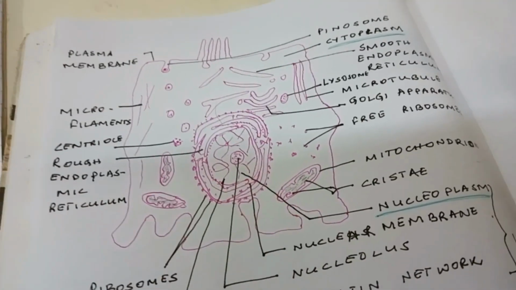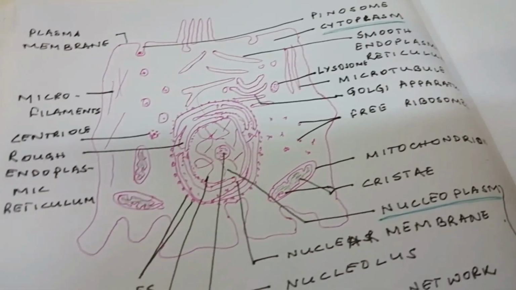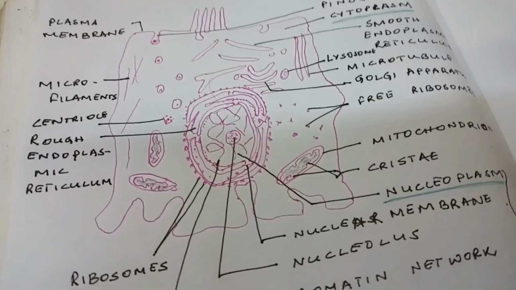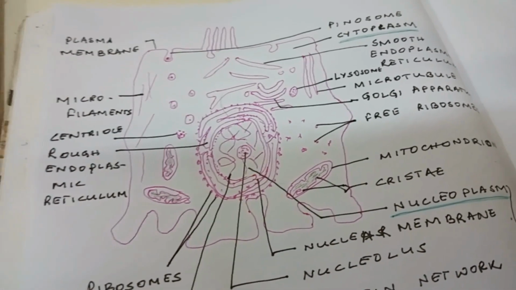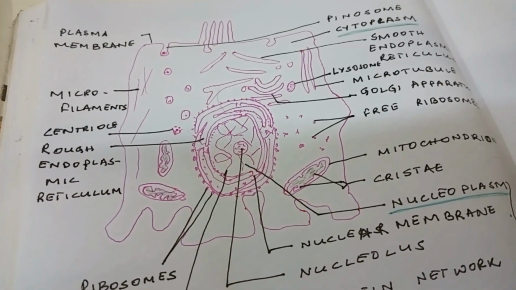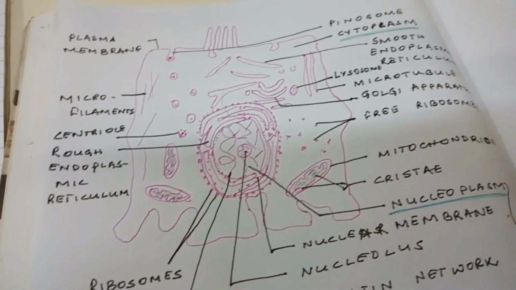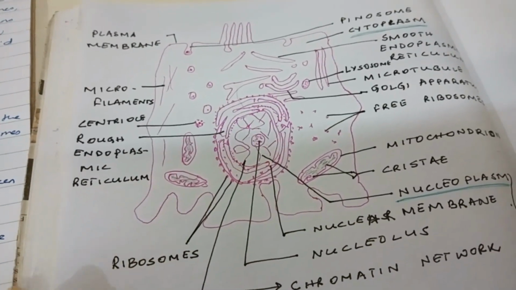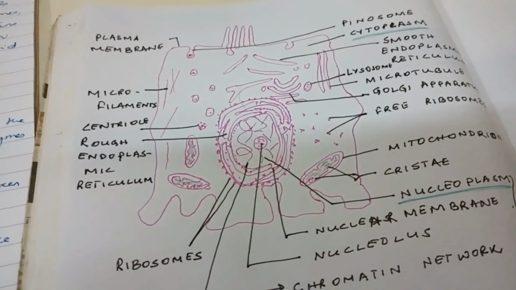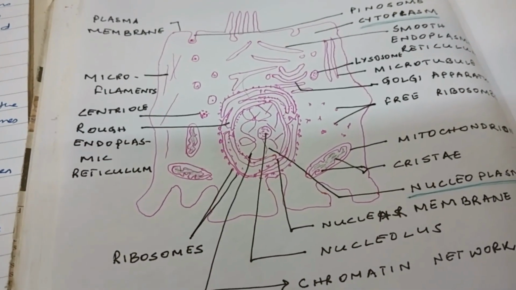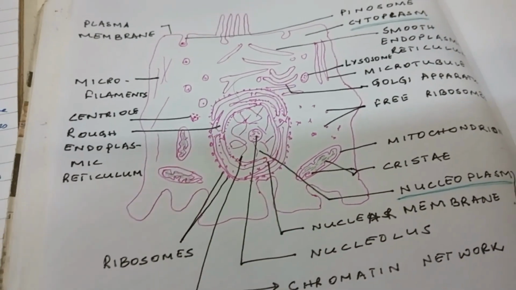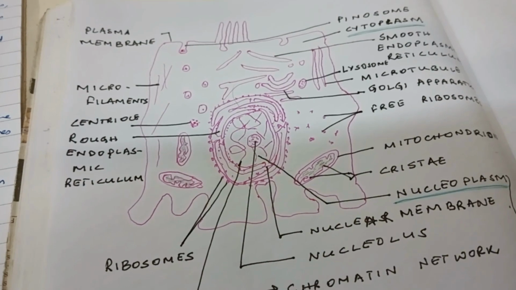Now, what are the functions of cytoplasm? Number 1, cytoplasm helps in the intracellular, that is, within the cell, distribution of metabolites, enzymes, and nutrients.